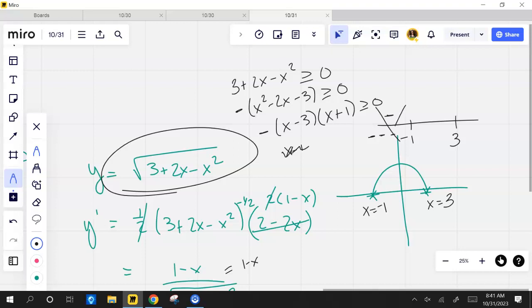So that's not part of my domain because I can't have a negative under the radical. And then if I come here and plug in maybe say a 0, I'd have a negative times a negative times a positive, which would give me positive. That is greater than 0, so this is part of my interval.